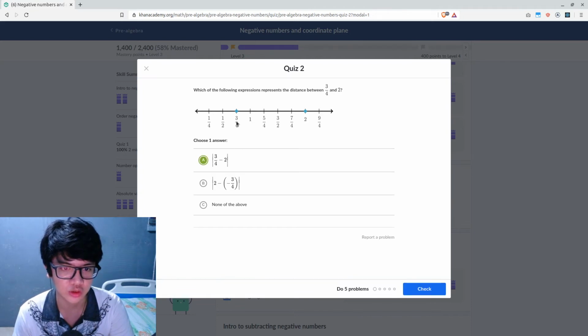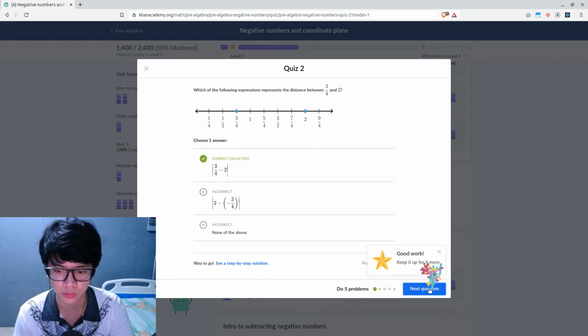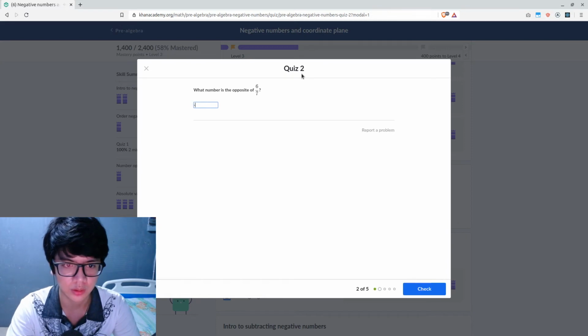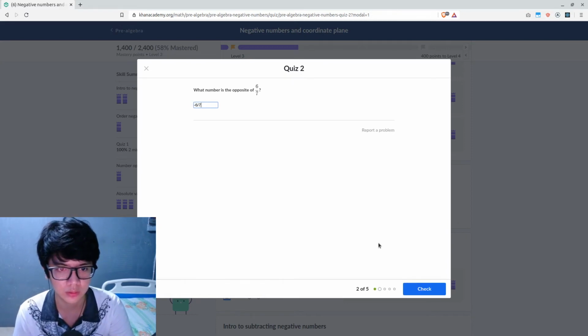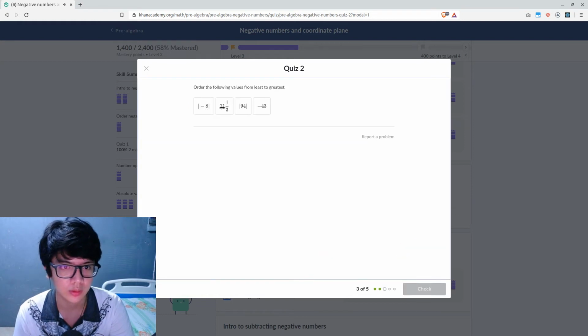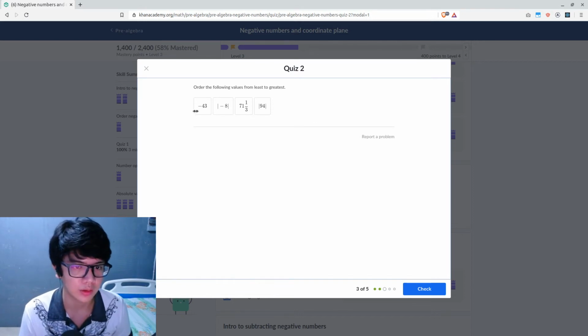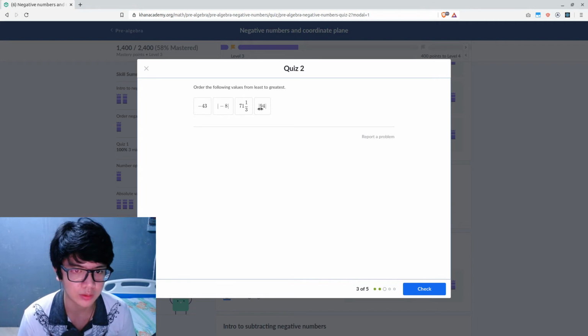It should be just 3/4 minus 2, minus negative 3/4, no. What is the opposite of, I guess, negative 6/7? Least to greatest. This looks like least. This looks like the greatest. And 71 and 1/3. Okay. That's 71. That's 9/4. That's 4.